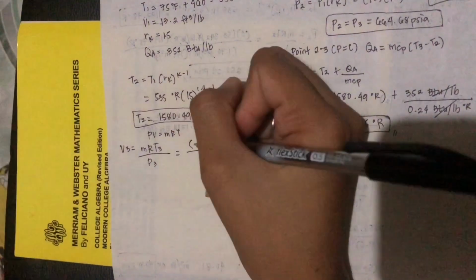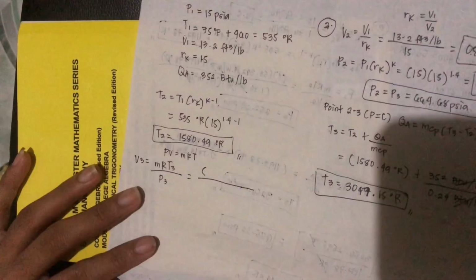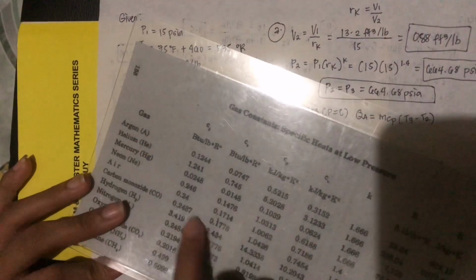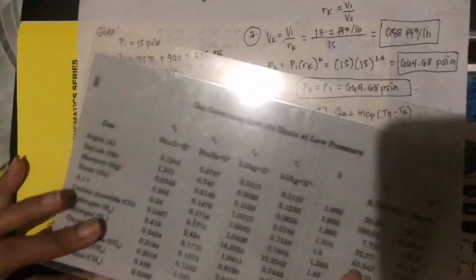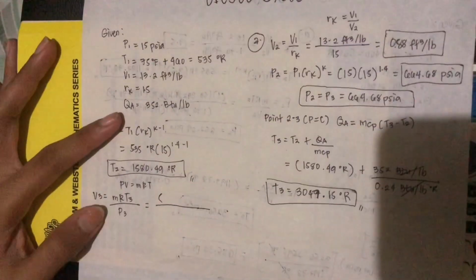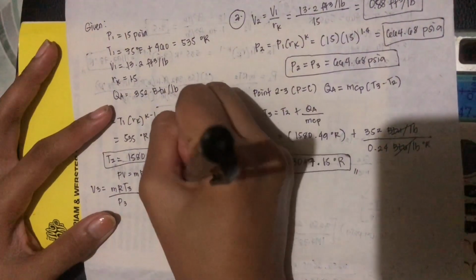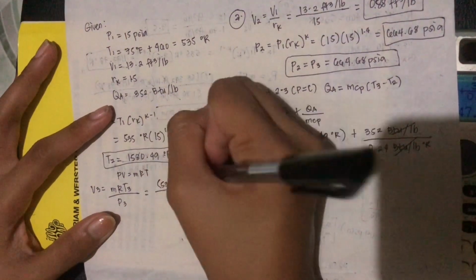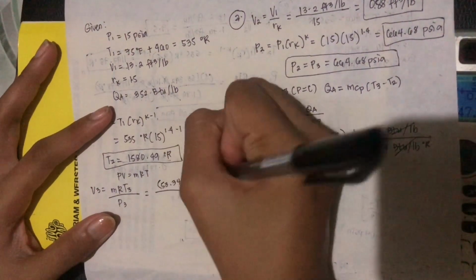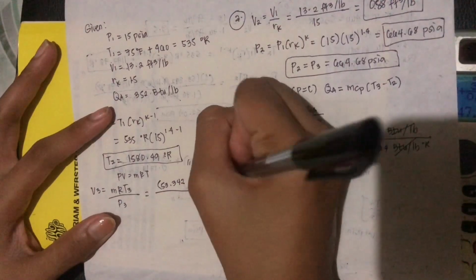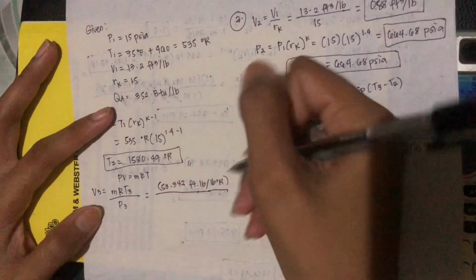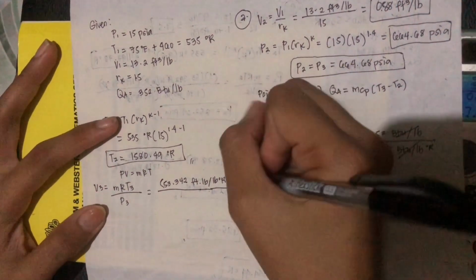R for air is 53.342 foot pound per pound Rankine.